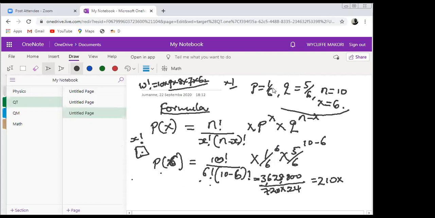Remember our p is 1 over 6. So can you do 1 over 6 power 6?